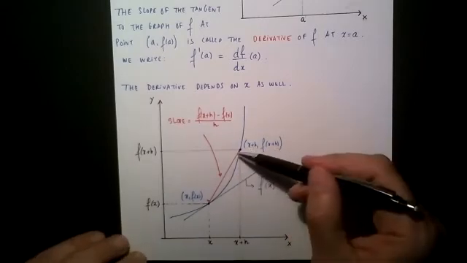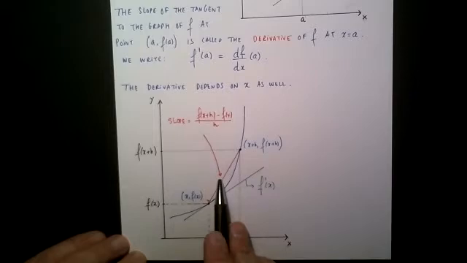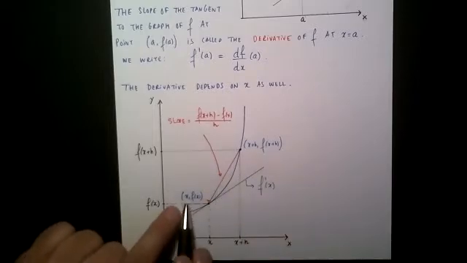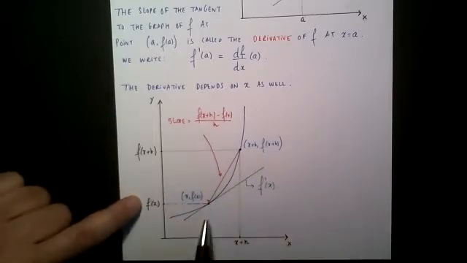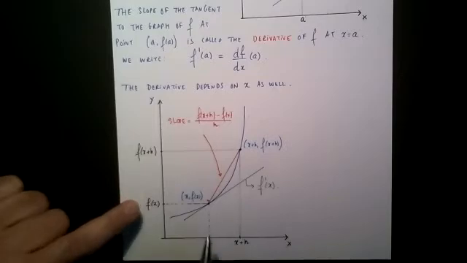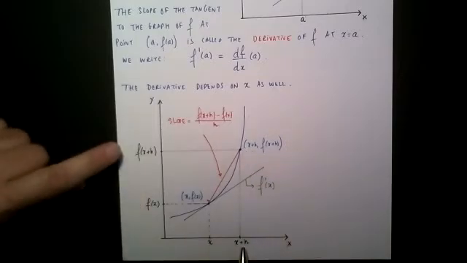And how do I find the slope of this red line? Well, I have 2 points: x, f of x, this point here, and another point here, x plus h, f of x plus h.